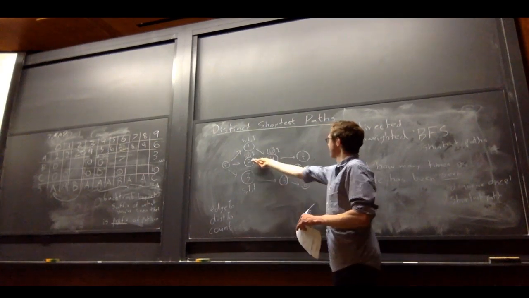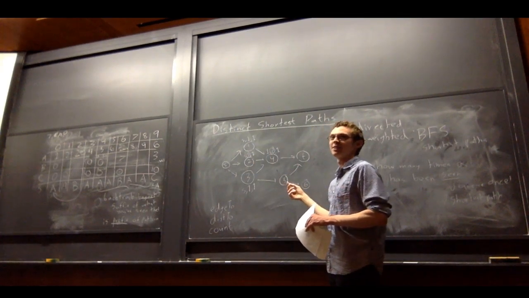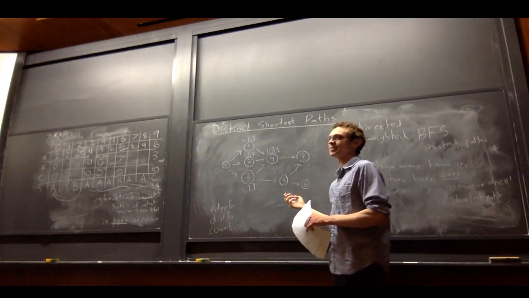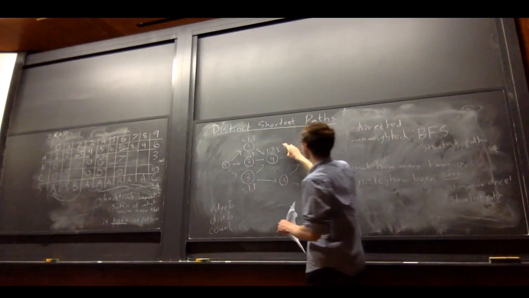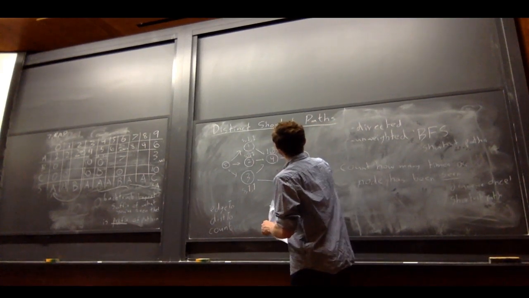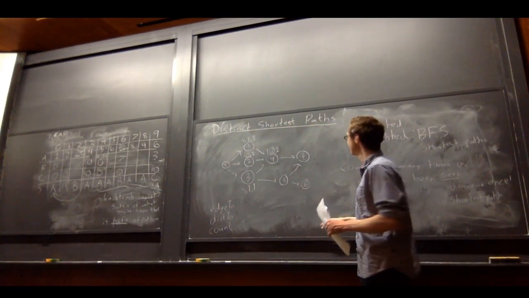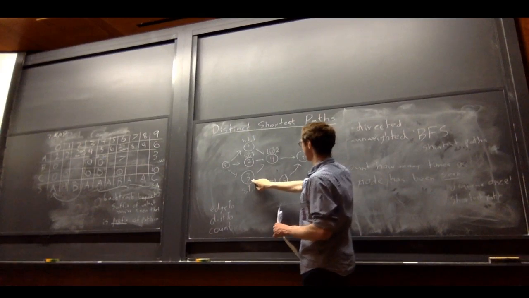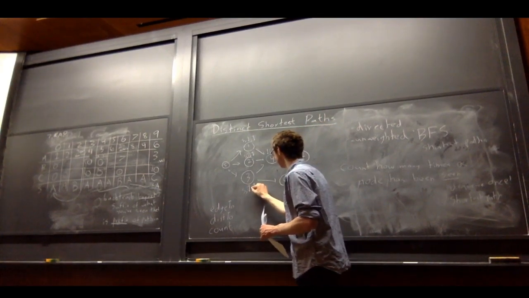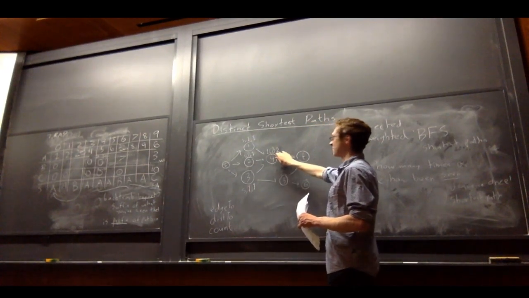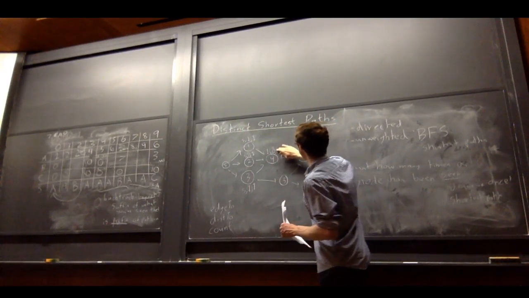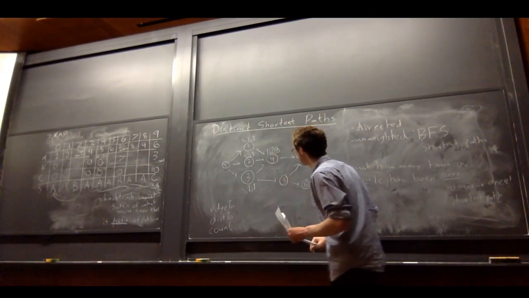Well, in this case, the distances would be the same. So what happens when the distances are the same? Yeah, we're going to increment the count. So all we'll do is increment this count on 4. Okay, and then we'll do the same thing from 3. We'll look at its distance, add 1 to it, compare that, it's the same, so we'll increment this count again.